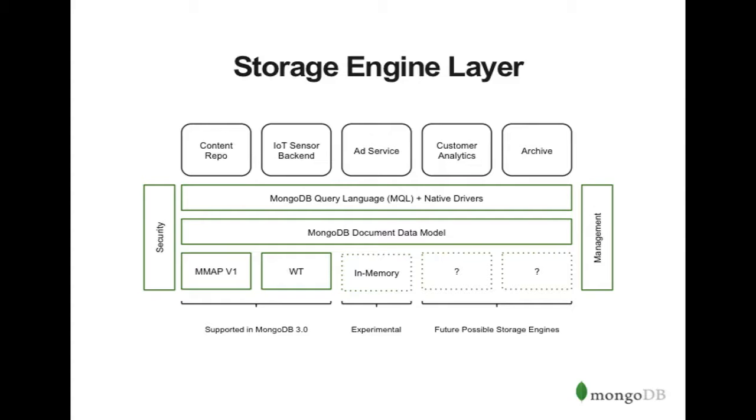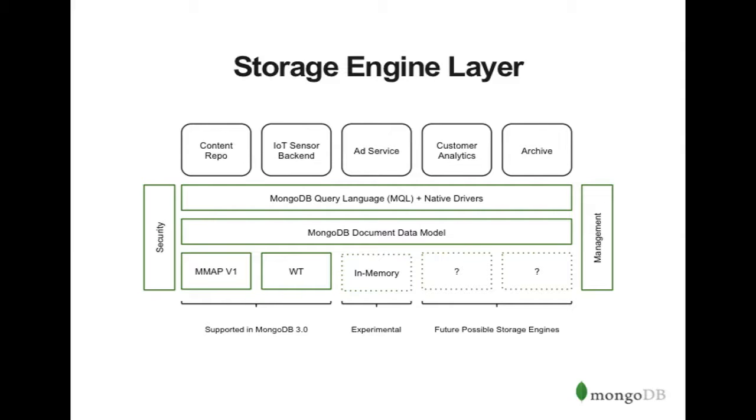Looking at the top line, we see the application layer of the stack. So there's content repositories, ad services, analytics platforms, pretty much anything you can plug into MongoDB from a client perspective. Then, one step below that on the stack, we have our actual query language, which runs on our native drivers.